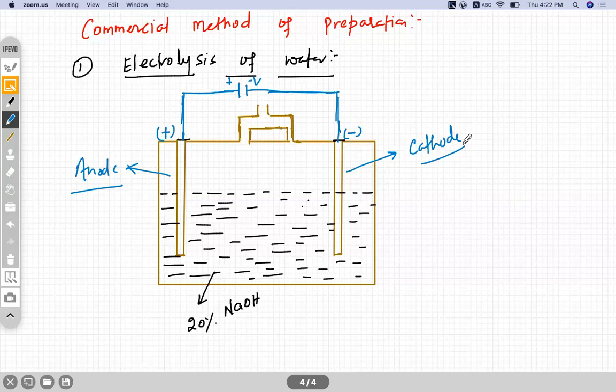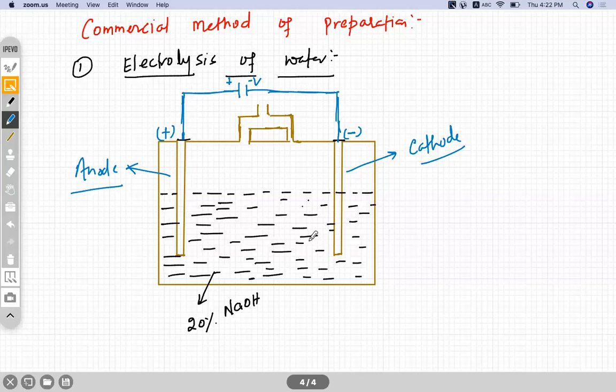So it's not like anode is always positive. Anode is positive in the electrolytic cell. Electrolytic cells are those cells in which electrolysis takes place using current. In the electrochemical cell, anode is negative. Let it be, it's not required here.